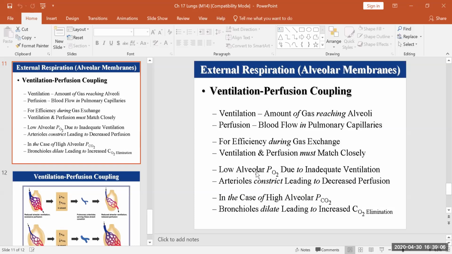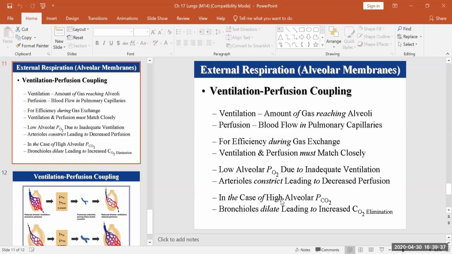So low alveolar PO2 due to inadequate ventilation, meaning air in that particular alveolus is compromised, then the arterioles of the capillary bed constrict, decreasing blood flow, to save that blood and divert it to where there's high alveolar ventilation in another alveolus so we can have gas exchange. Okay.